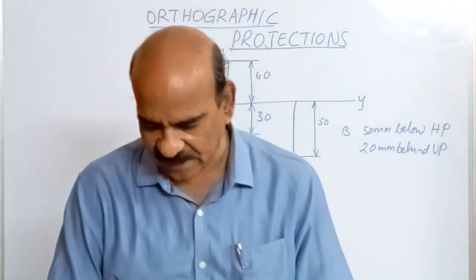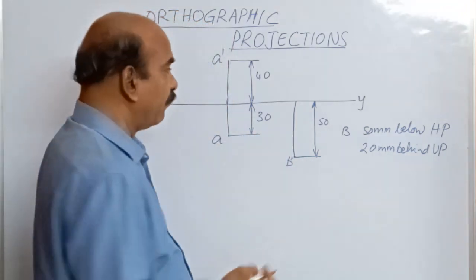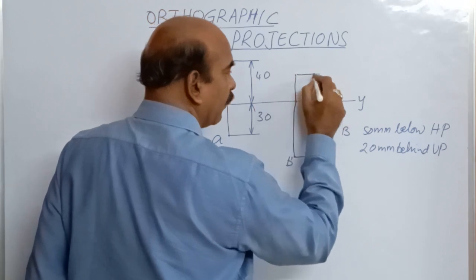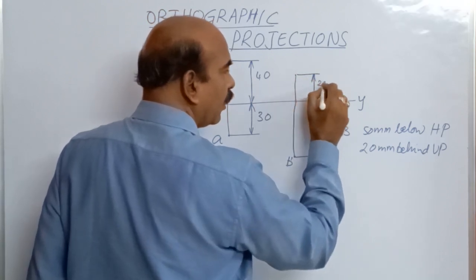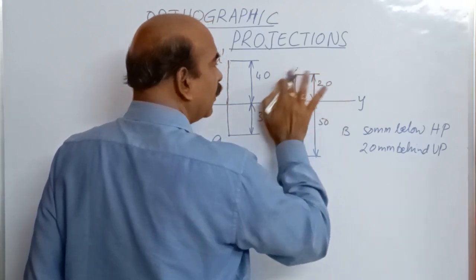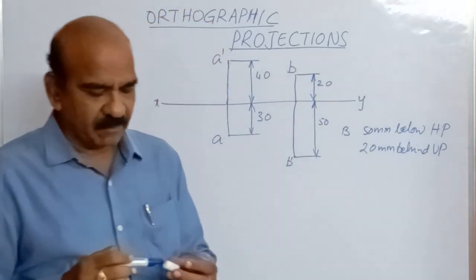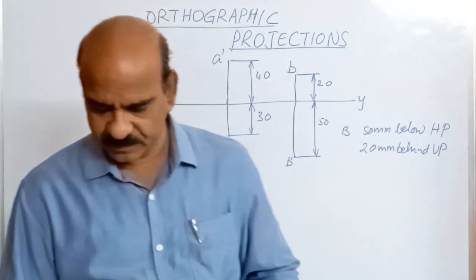Above the reference line at a height of 20 mm. So draw a line here at a height of 20 mm, and this is B. Simply B, because it is the top view.